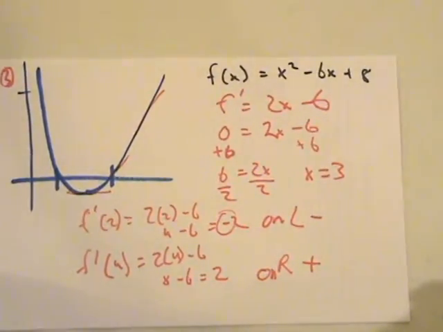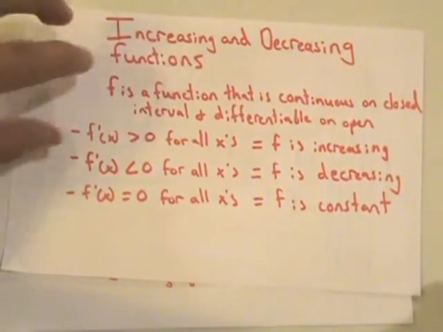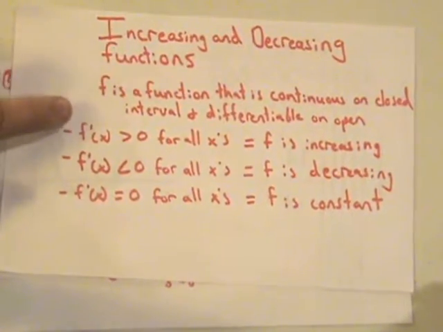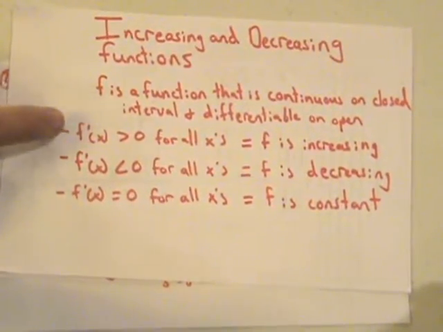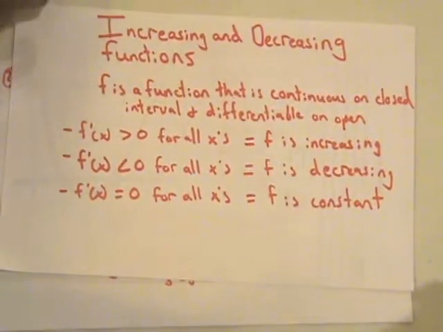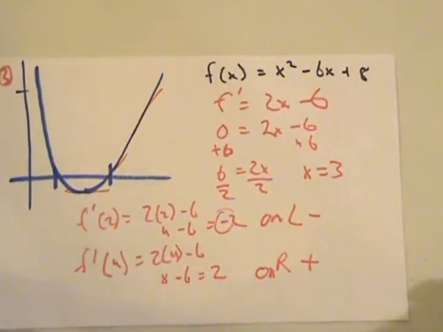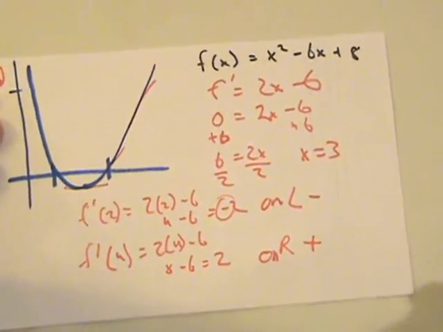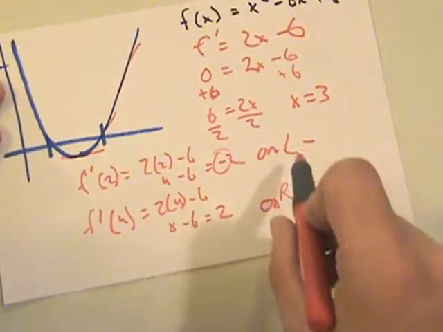And just by referencing this again, when the first derivative is greater than 0, the function's increasing. When the first derivative is less than 0, it's decreasing. So as we can see on the left, it is decreasing.